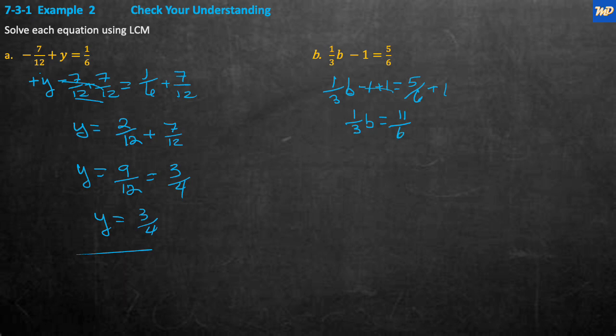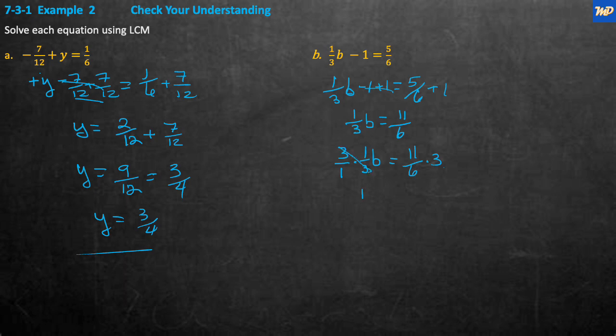And in order to get rid of the 1/3 on this side, we have to multiply by the inverse. And multiplying by the inverse is 3 over 1 times 1 over 3 b. The inverse of 1/3 is 3. Often we don't see the over 1 because you don't have to, but this helps you see that it is truly there, equals 11/6 times 3, or 3 over 1 if I want.